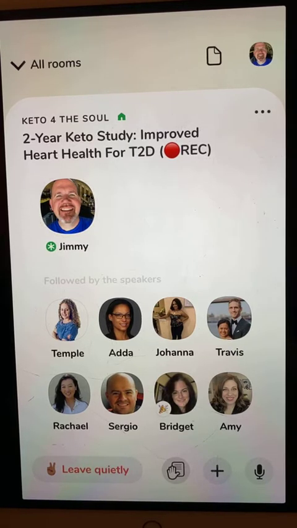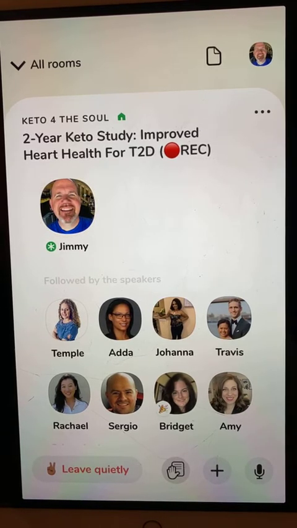So if you're just joining us, I am reading from a brand new study, just came out December of 2020, and it was published in the journal Cardiovascular Diabetology. The name of the study, you could definitely Google this if you want to go look it up. It is an open access. Anytime you see open access on a study, it means they put the whole study online for you to be able to afford to read.